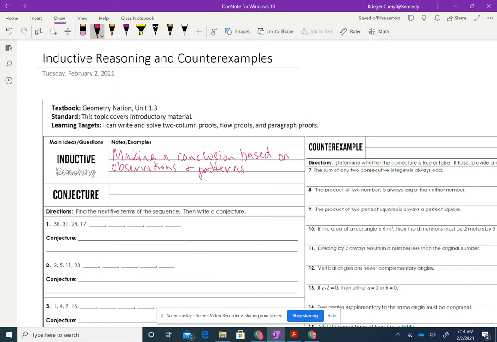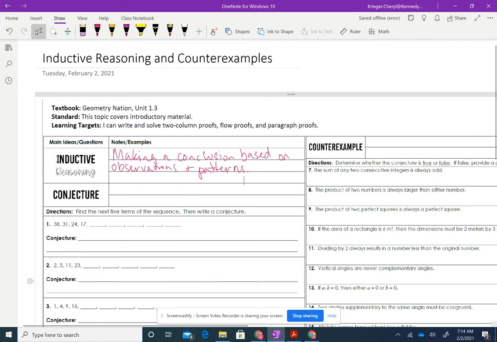Okay, and so I know that you have heard of deductive reasoning before. I went and pulled up the definition for inductive versus deductive reasoning on Google.